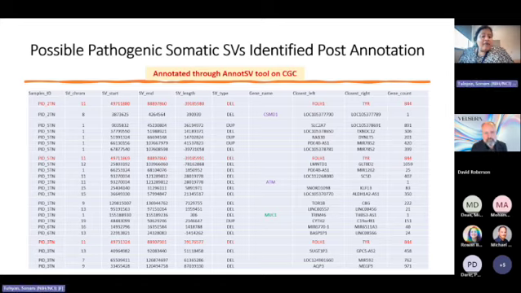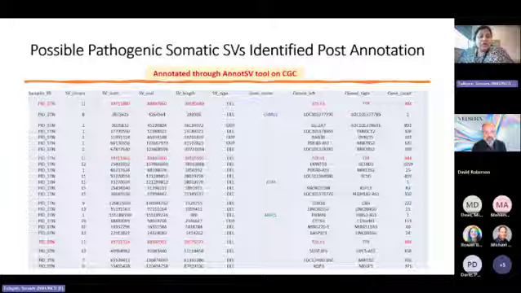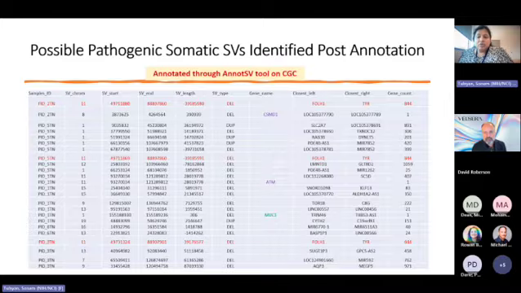I haven't yet validated these somatic structural variants through IGV, and presently I am doing that. But the genes highlighted in purple, like ATM and CSMD1, are tumor suppressor genes, and they are found to be mutated in several cancers.